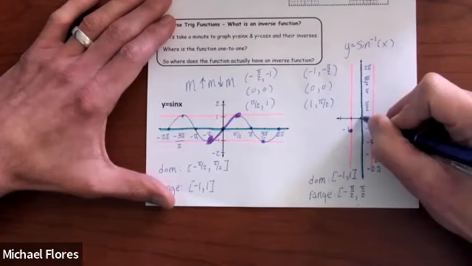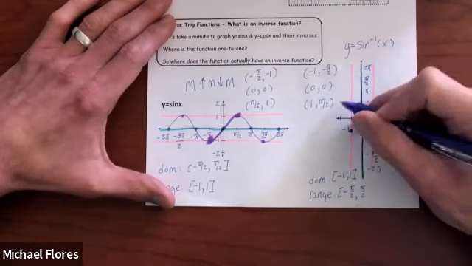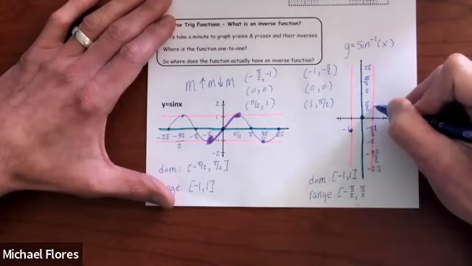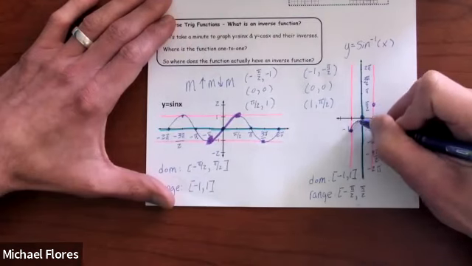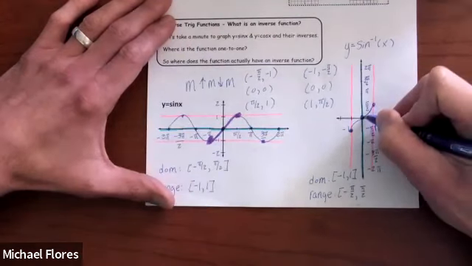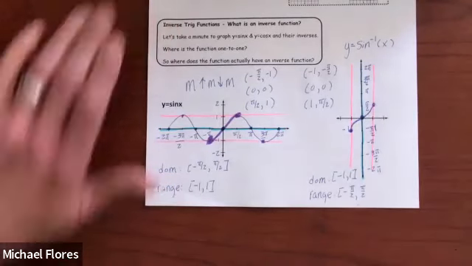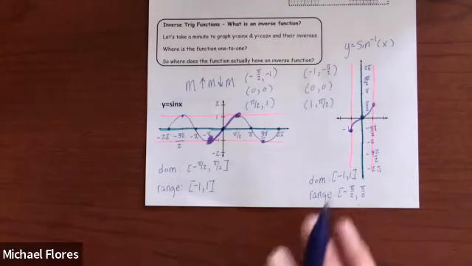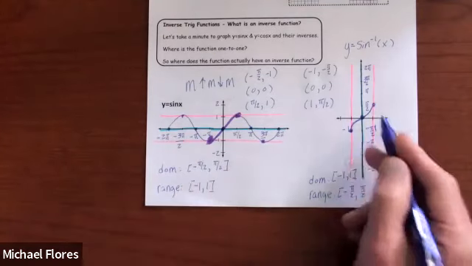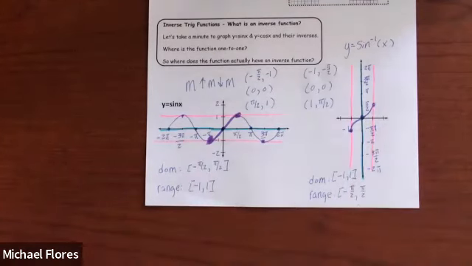And that is all we would want to graph, because by doing it this way, by not graphing any further, both of these are a function. So now we have a one-to-one function.